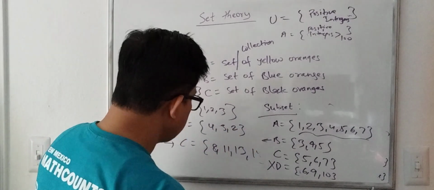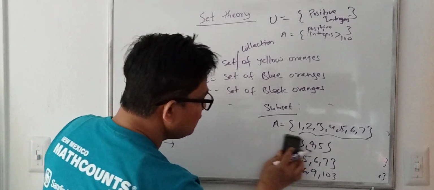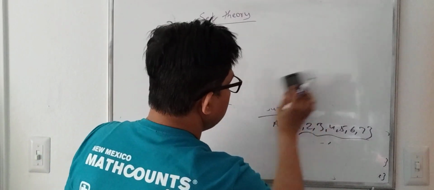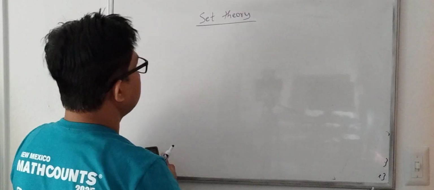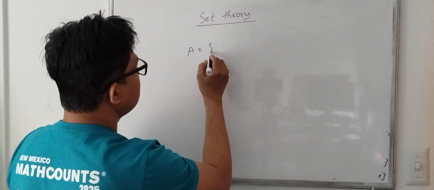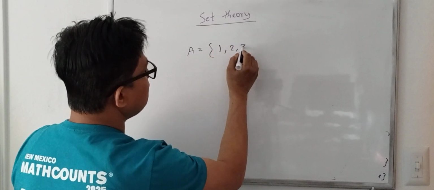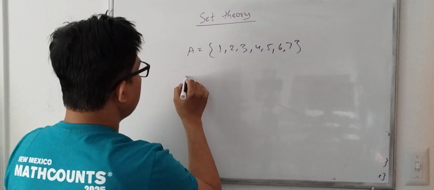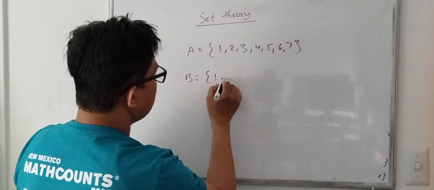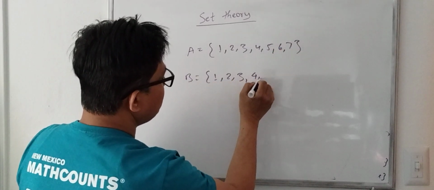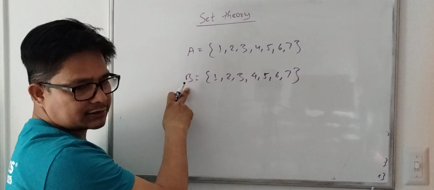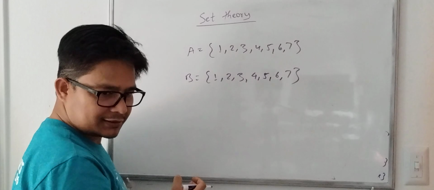Now think about this example. A is 1, 2, 3, 4, 5, 6, 7. Okay, and B is also 1, 2, 3, 4, 5, 6, 7. So is B a subset of A? Yes.